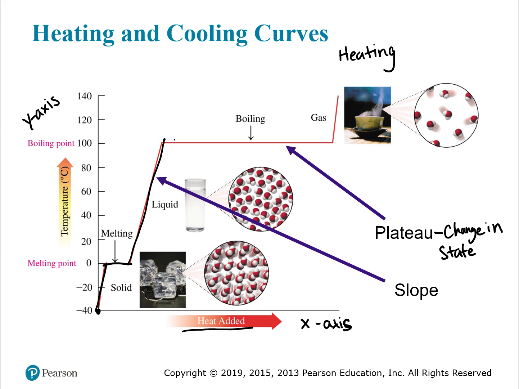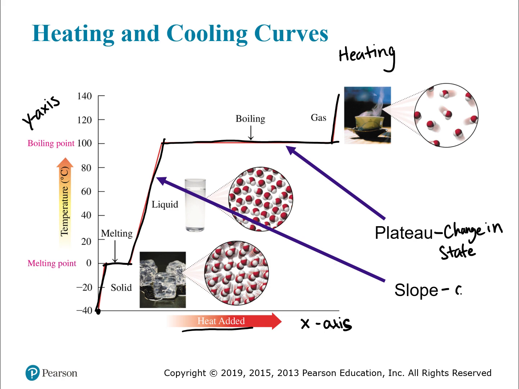Once you hit the boiling point of 100 degrees Celsius, you will again have a change of state and a plateau. Then you have gas, and you can continue to heat that. So the plateaus on this curve mean a change in state.